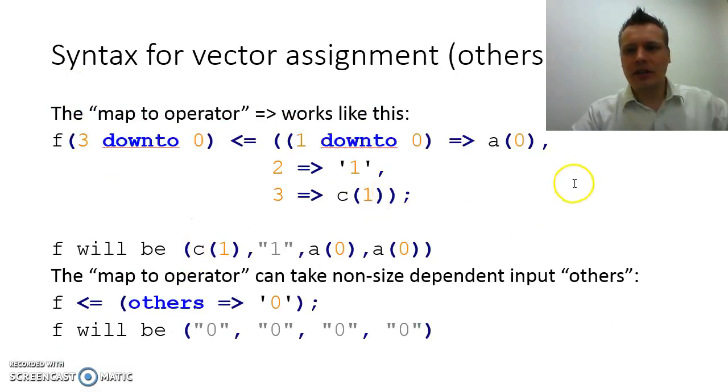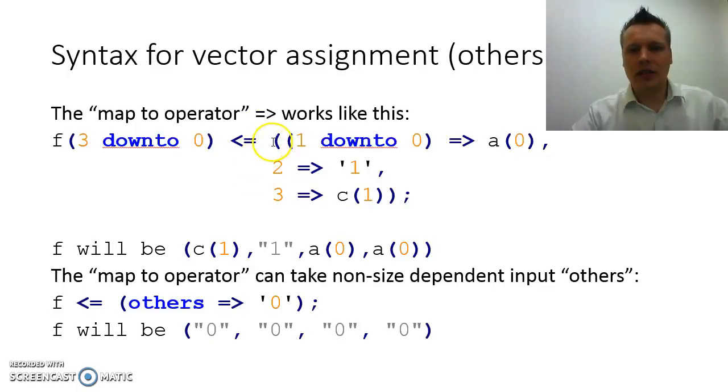Furthermore, there are other ways of managing assignment. As you see, we can also use the map operator in a slightly different way. I believe there's an error in the notes where a bracket is missing here.